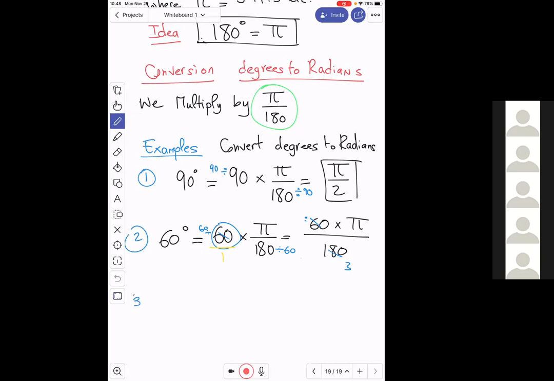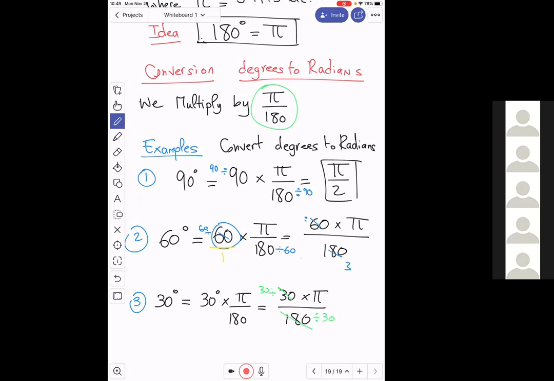Another example. Let's say you have 30 degrees. So that's 30 times pi over 180. So it's 30 over 180 times pi, and you can divide by 30. 180 is divisible by 30. 180 over 30 is 6, right?